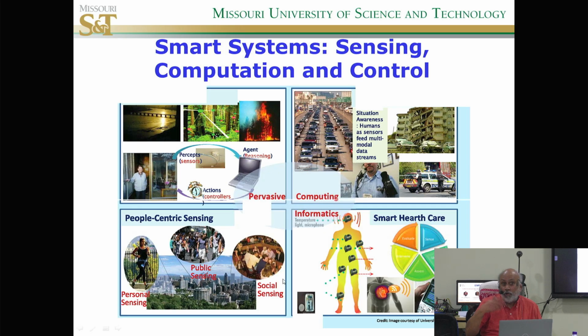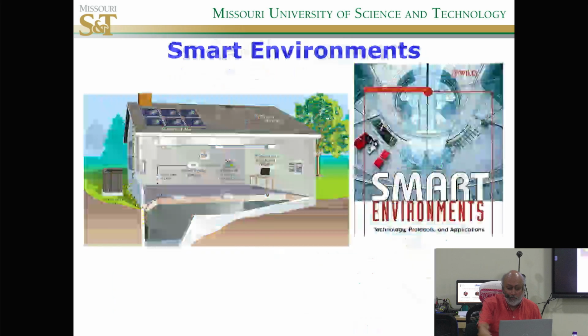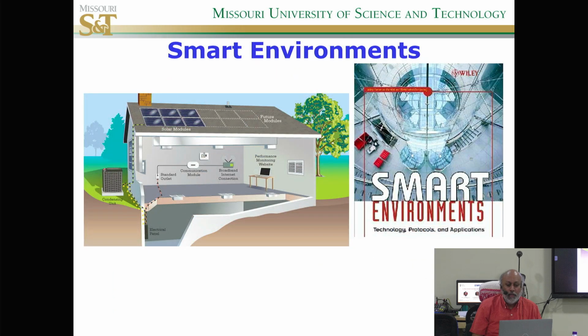So this is what is happening even in India, for instance. And that's what's going to happen in the future, okay? Smart environments. So, for example, I can control my home temperature from here in India. I have an app. I can even open and close the doors of my home. If I have network connectivity and somebody is waiting to get in, I can actually open the door.